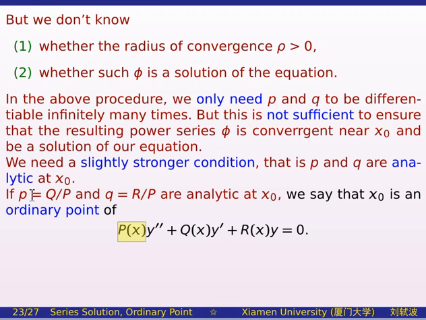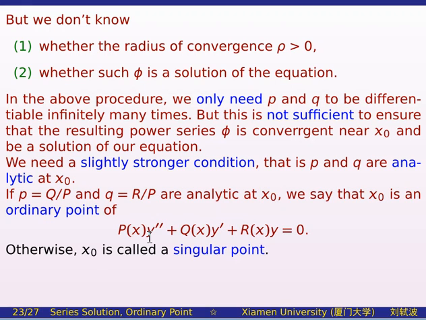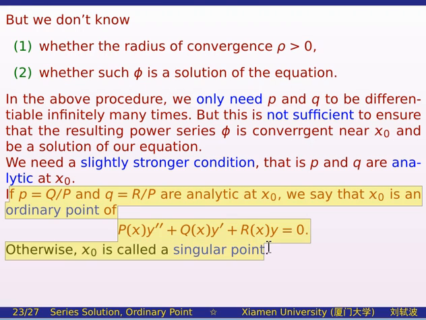But if the quotients of capital Q over P and capital R over P are analytic at x0, we say that x0 is an ordinary point. This is a generalization of our previous concept of ordinary point. And if x0 is not an ordinary point, we say that it is a singular point. So this is the definition of the general ordinary point and singular point.